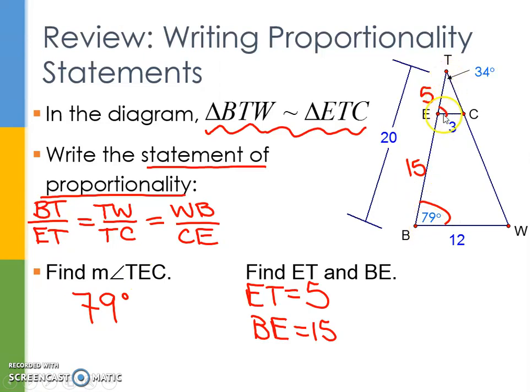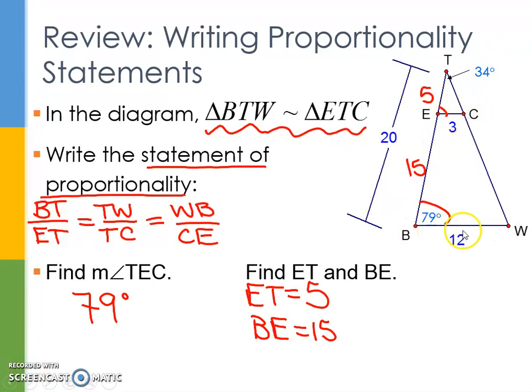Find ET and BE. So you're going to use the proportion. If it's 20 here, the whole thing is 20. So right here you have 12 and 3. So if 12 and 3 is the ratio, you can see the scale is 3 times 4 is 12.